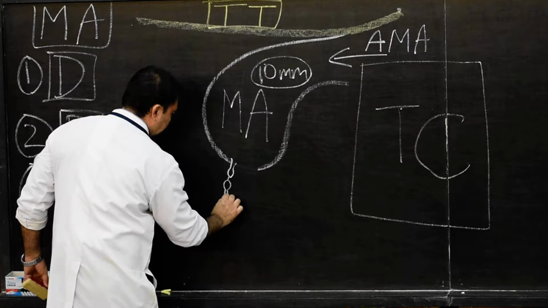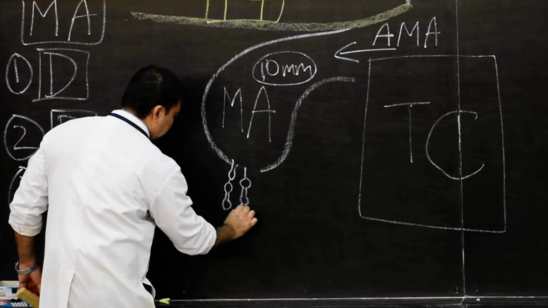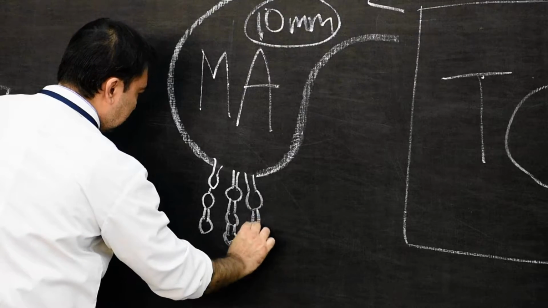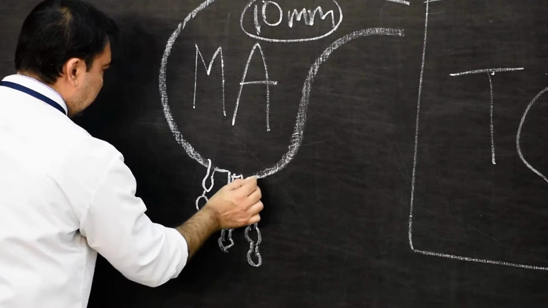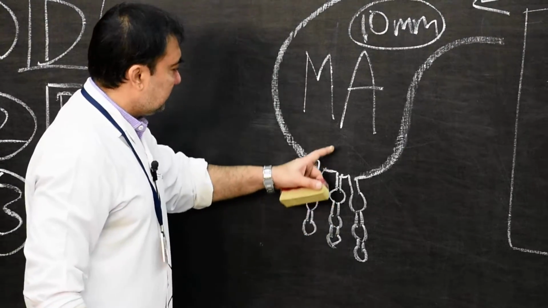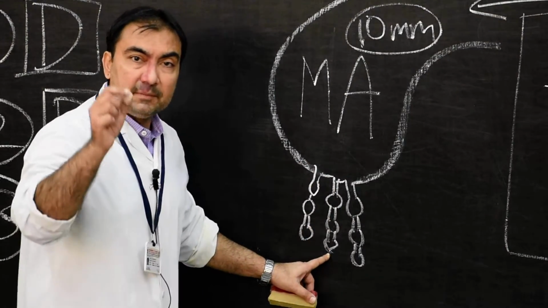This is how you have to make very small intercommunicating spaces, and these spaces are known as the mastoid air cells. These mastoid air cells in the floor of mastoid antrum will communicate with the mastoid process.